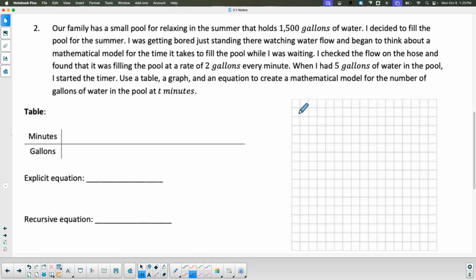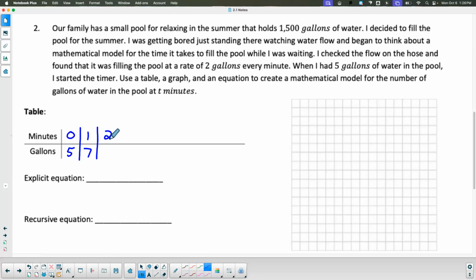So at 0 time, at 0 minutes, how many gallons are in the pool? 5 gallons are in the pool. Use a table, graph, or equation to graph time and pool gallons. After 1 minute, how many gallons are in the pool? 7, right? Because it's filling at 2 gallons per minute. It's adding 2 gallons every minute, so then there would be 7 there.